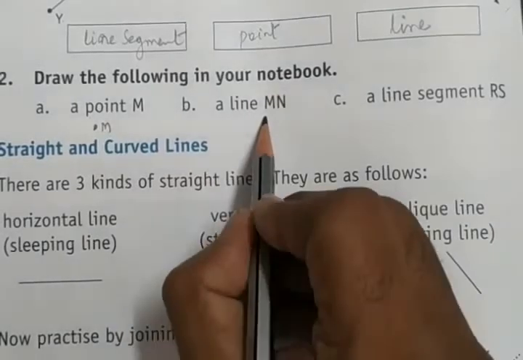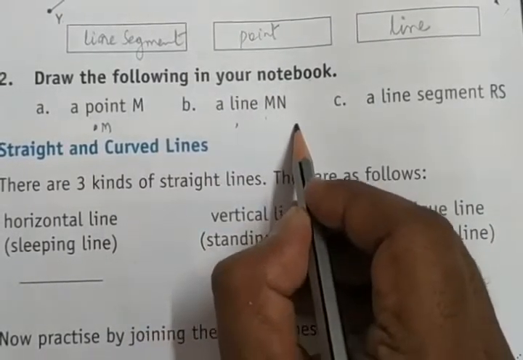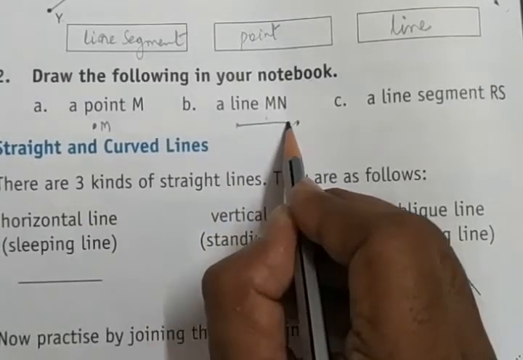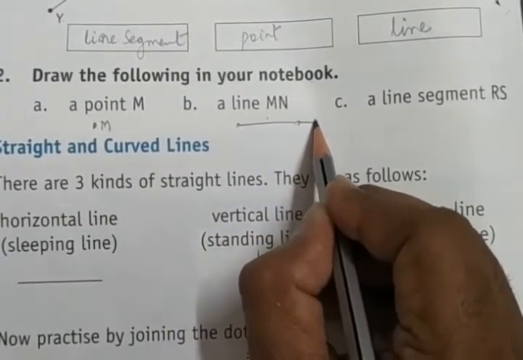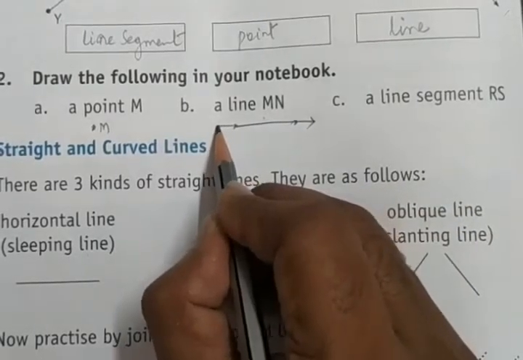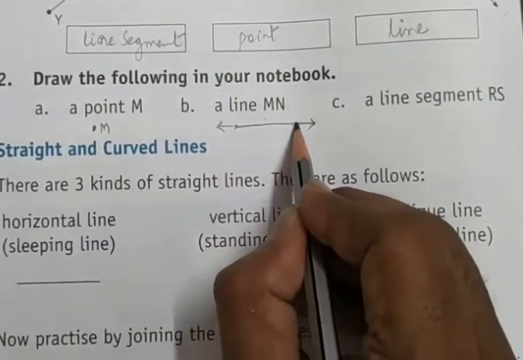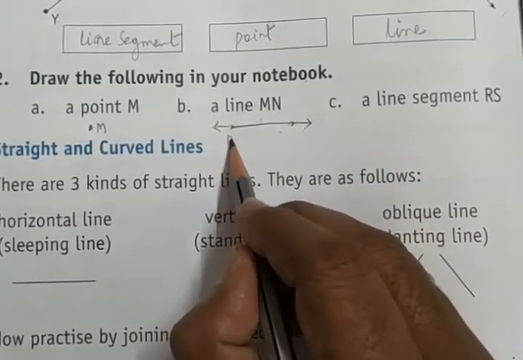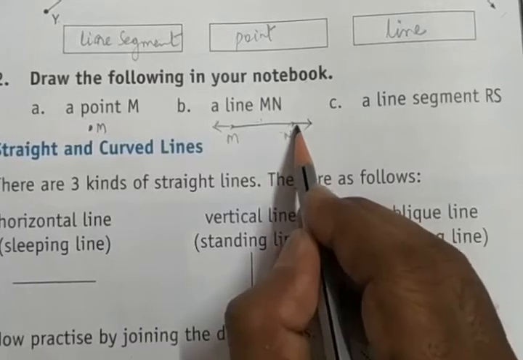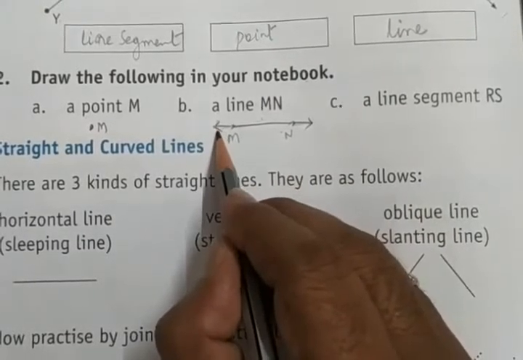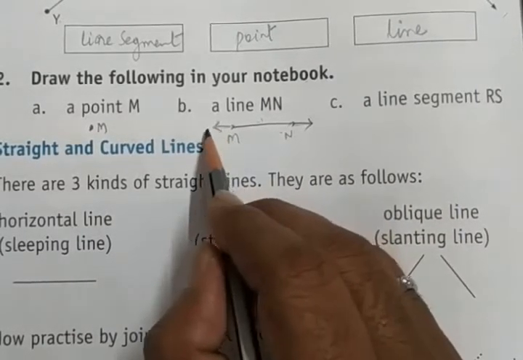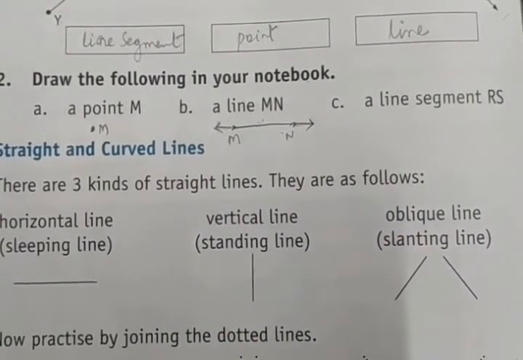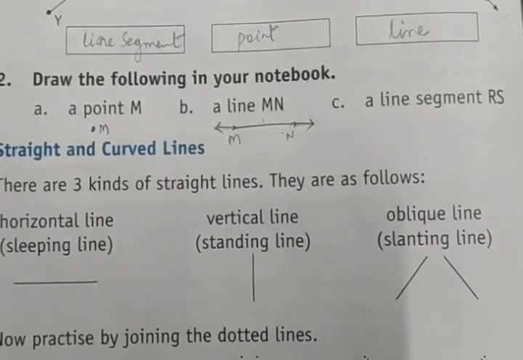And the line MN. These are two dots, then it is a line, not a line segment. Join them and move further and put an arrow, and move further on this side and put an arrow. This is line MN, this is M and this is N. In both directions it keeps on extending.